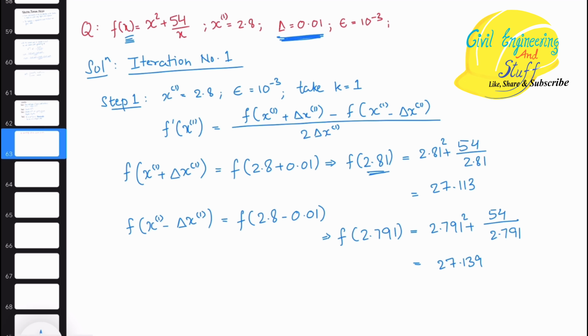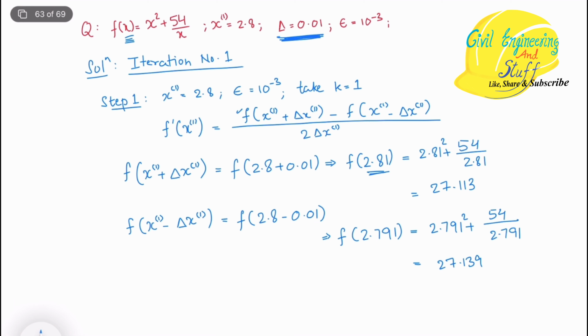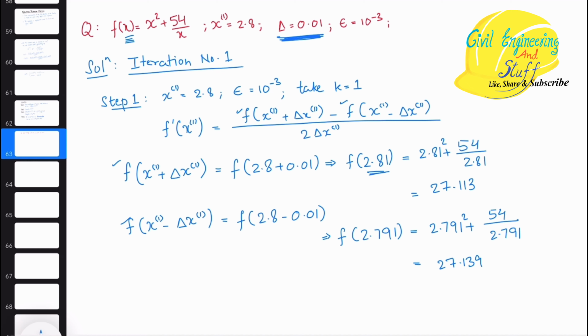So we found this value and this value, right? Here are these values. Our aim is to find out the first derivative. So let's put these values in the respective places.